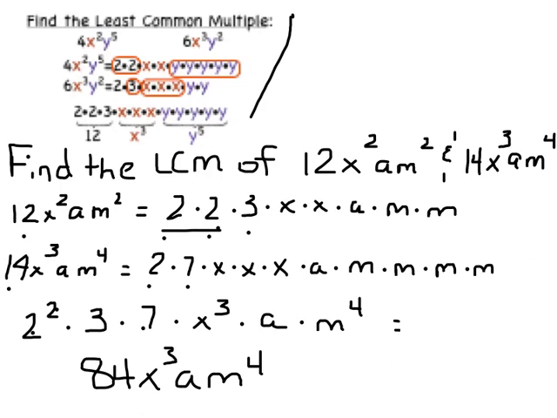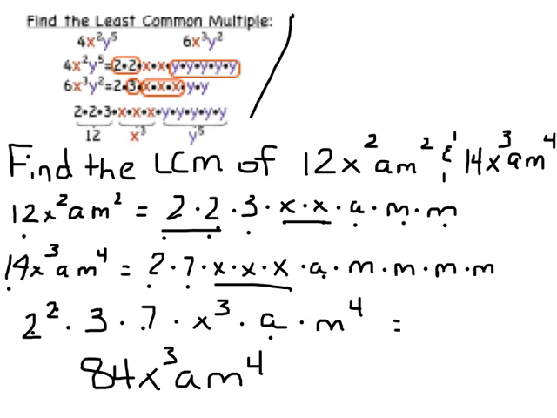But now here, x squared, we've got x times x, a, and then m squared. So we know we're going to be using x, a, and m. We're going to use those to their greatest power. Here we have x cubed, which beats x squared, so we'll use x cubed.